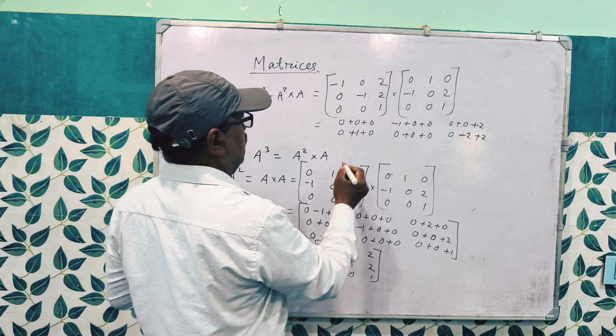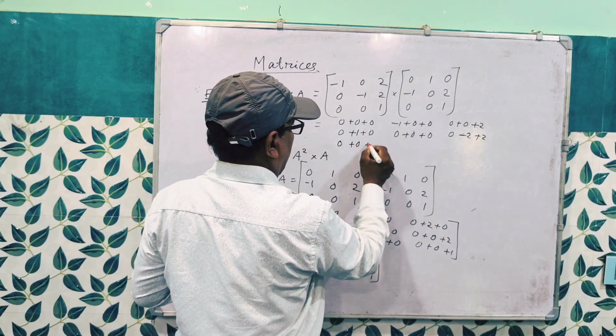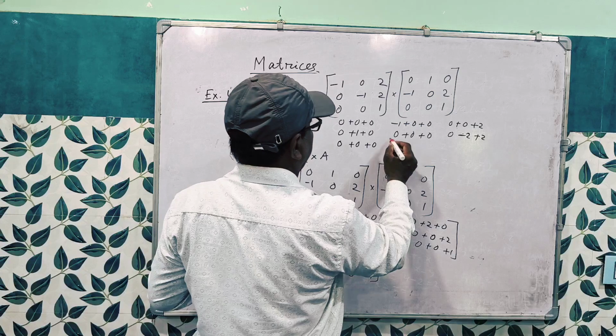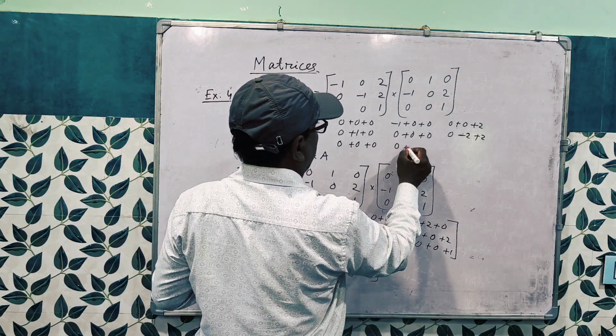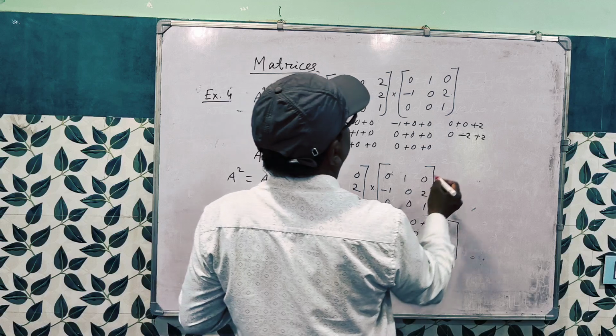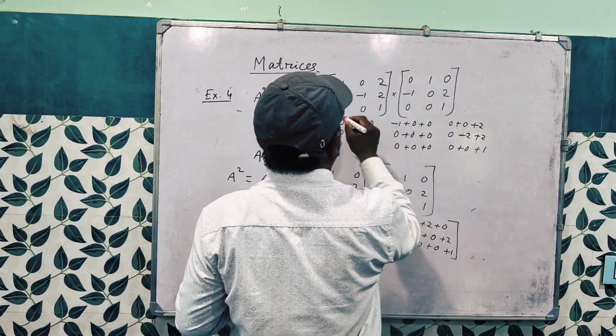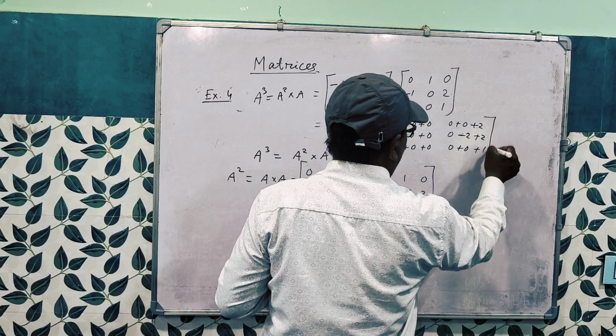Then third row, first column: 0, plus 0, plus 0. And 0, plus 0, plus 0. Then 0, plus 0, plus 1. This is our A cube.